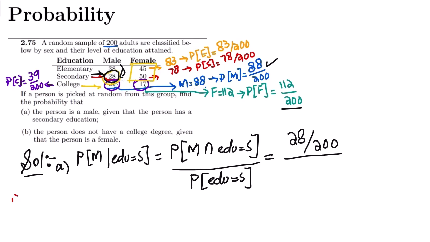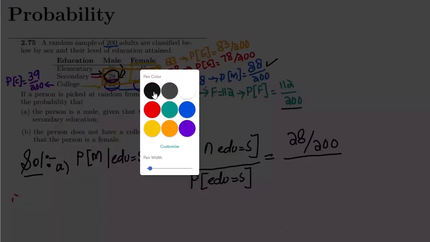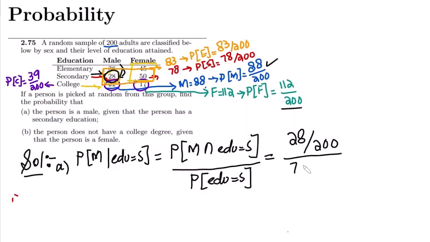How can we find it? The probability of secondary education can be found by adding the secondary level row here. So this would be 28 plus 50, that is 78, divided by the total number of individuals, 200, because I have to find the probability.